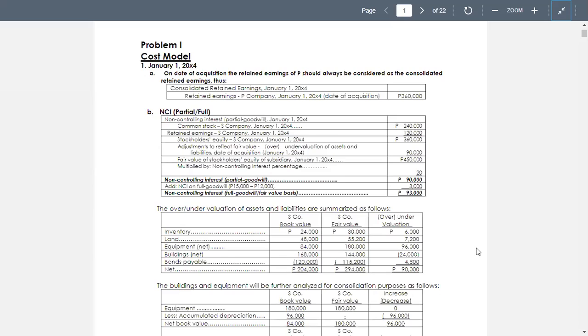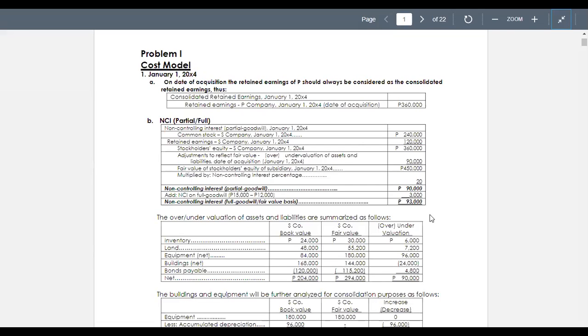value over or undervaluation of assets and liabilities as of date of acquisition. So take note that we have the over or undervaluation of assets and liabilities equal to 90,000. Now you try to find 90,000 by comparing S Company's fair values to the book values.